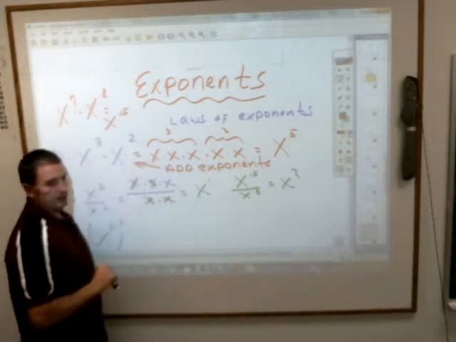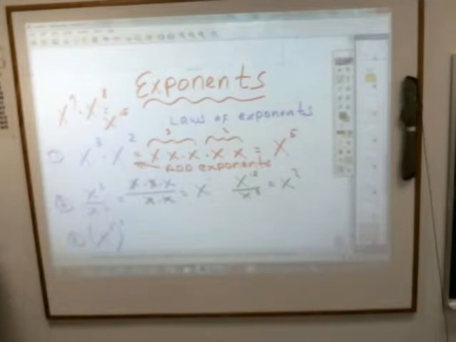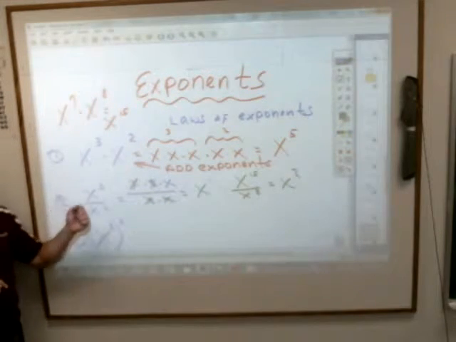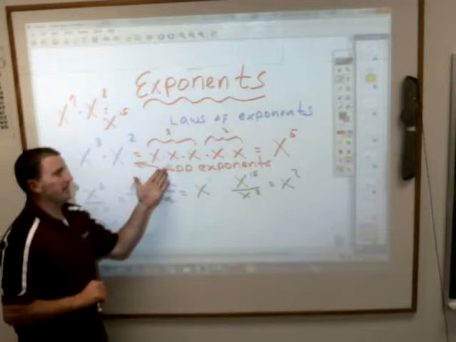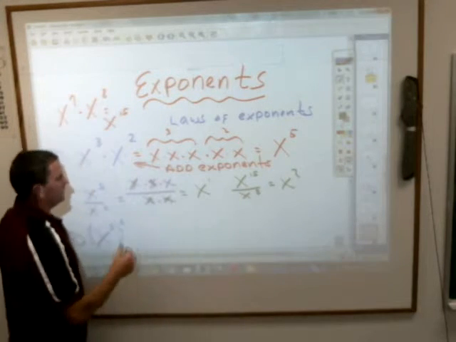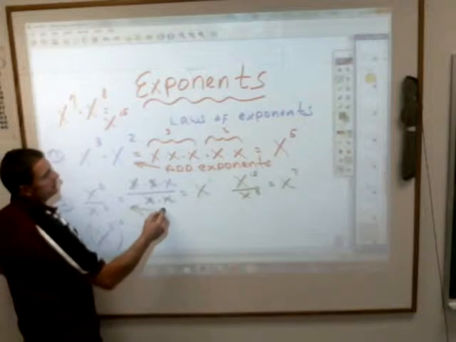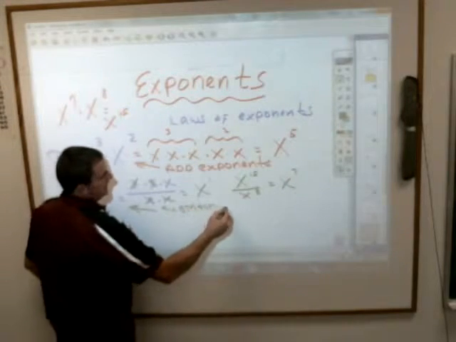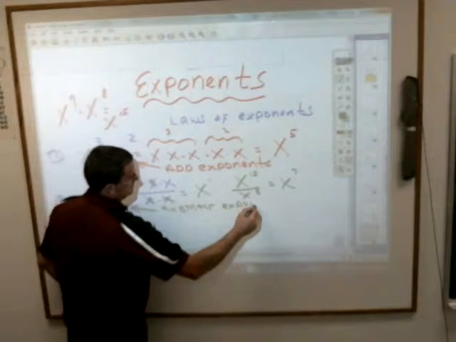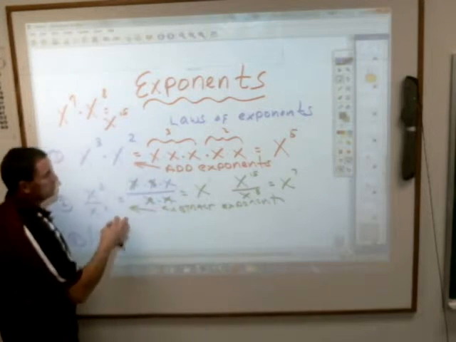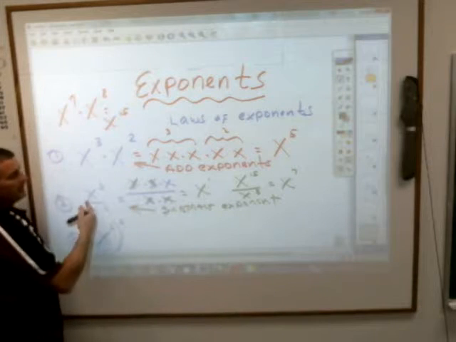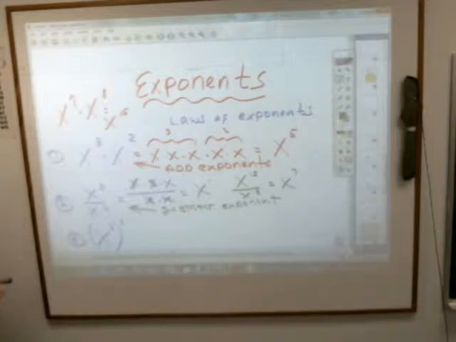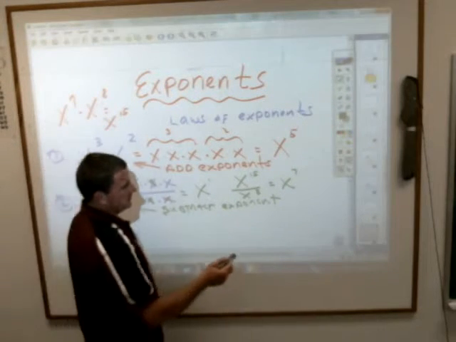The laws of exponents with regards to division are not to add like multiplication, but actually, in this case, you are going to subtract the exponents. That's our rule when you divide. To divide, you subtract.